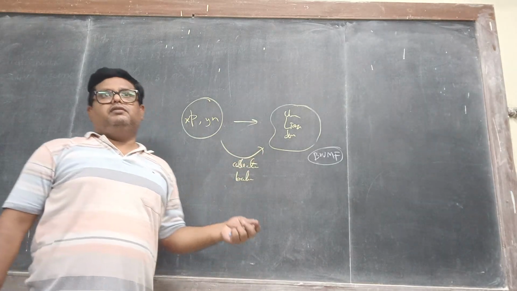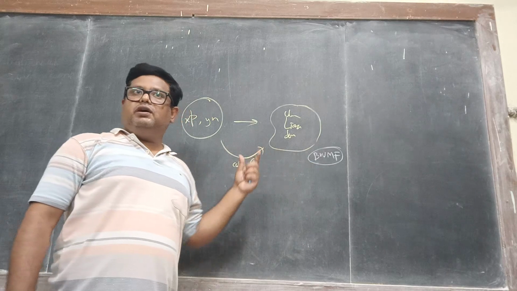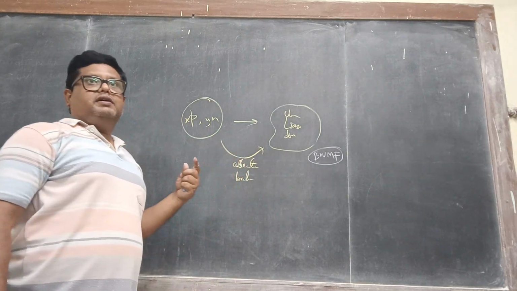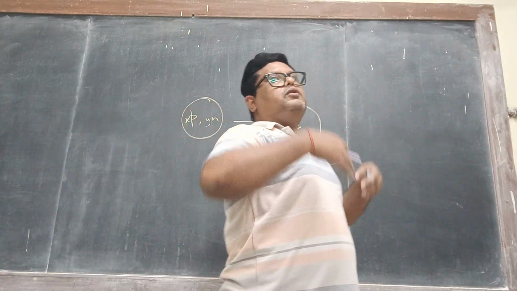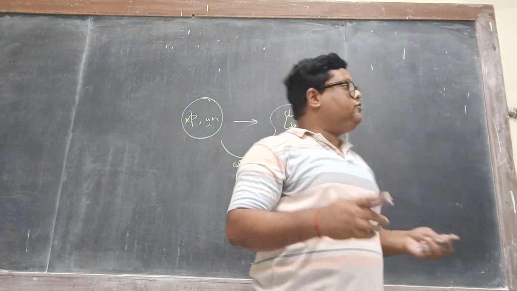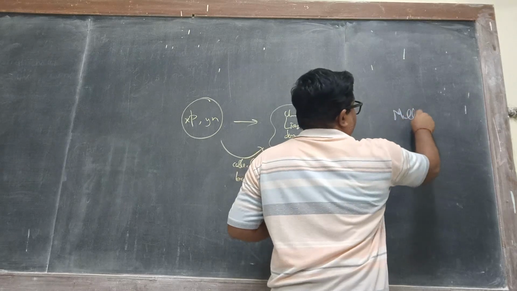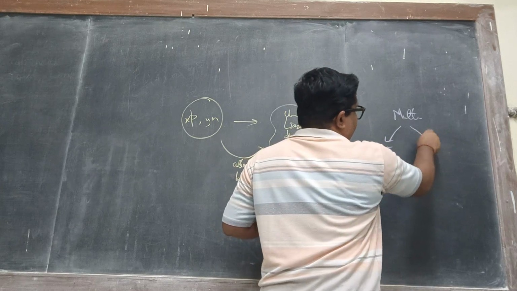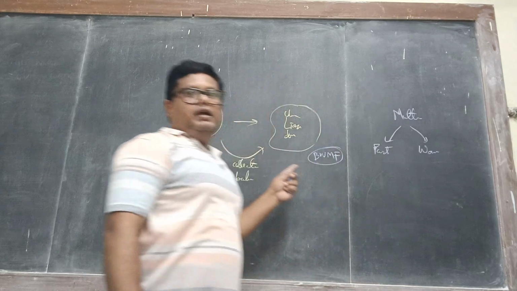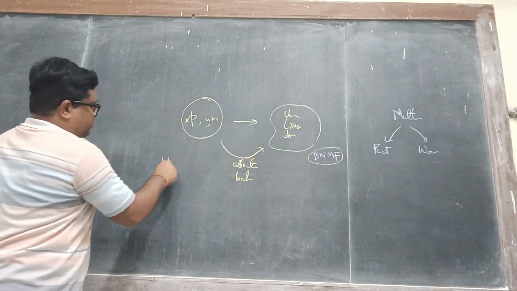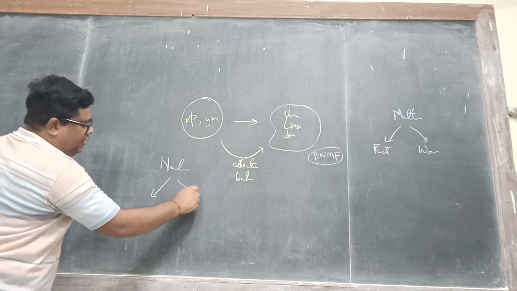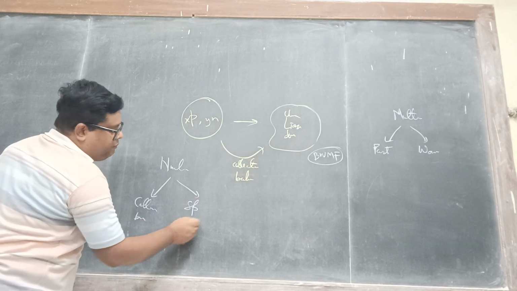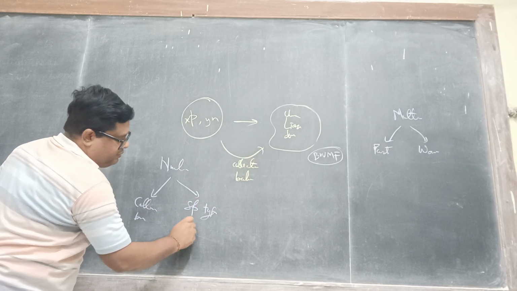Then in graduation, the very first model that you learned about was the shell model. And there you learned that just like matter has both particle nature as well as wave nature, similarly, the nucleus can have a collective behavior as well as a single particle type behavior.